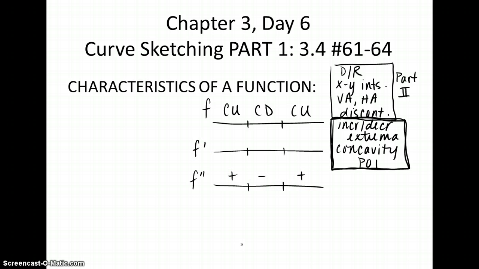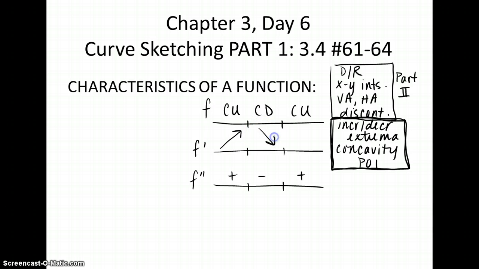So what we looked at in class the other day, if the function is concave up, it has a positive second derivative. Well, the second derivative is a rate of change of the first derivative. So if the rate of change of a function is positive, what does it tell us about that function? It tells us where that function's increasing.